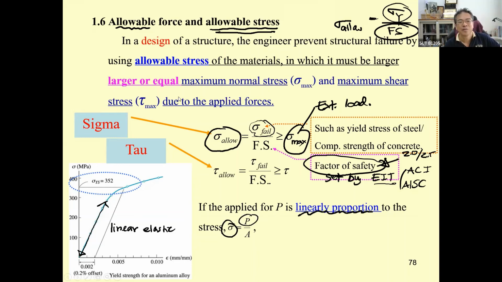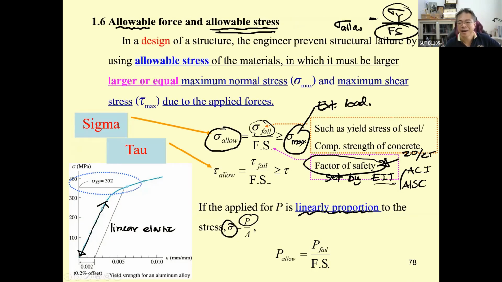That means when we talk about the allowable stress, we may talk about the allowable force in the same form of equation. Just divide the force at failure by the factor of safety.